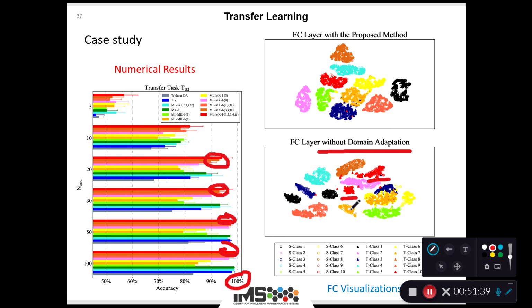So they are not in the same area. That means the generalization performance will not be good. But using our proposed method, we can see that the different shapes of a certain color are in the same area. That means the fault diagnosis knowledge is the same for the source and the target domains. That intuitively shows transfer learning is very effective in classification tasks.